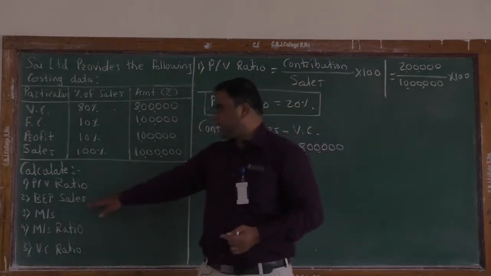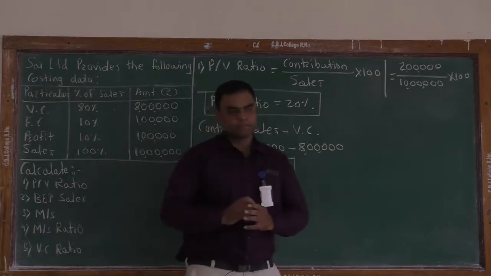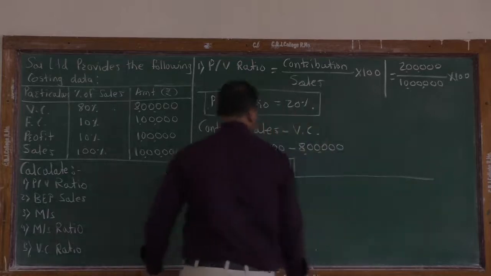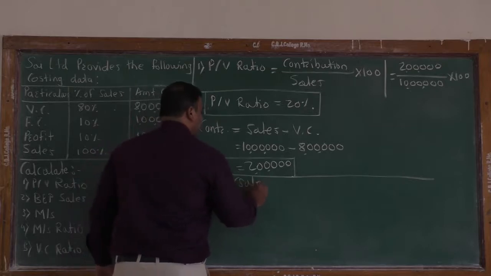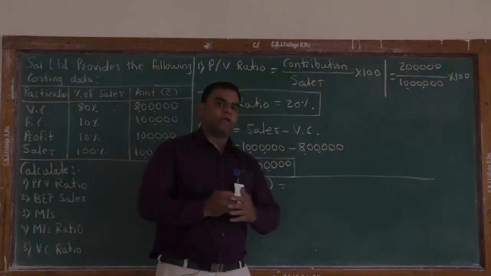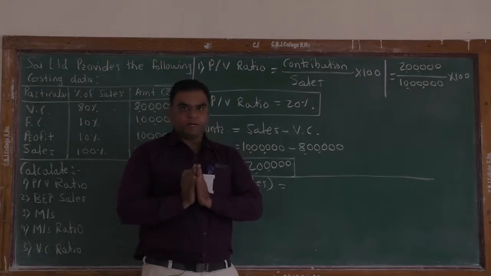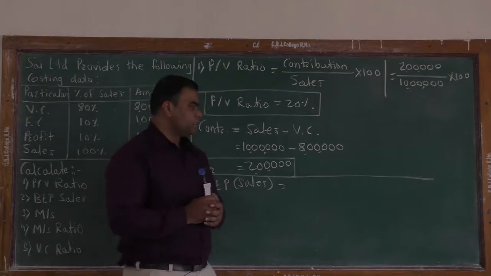Now we are going to calculate the second item, that is BEP sales. How to calculate BEP sales, or what is meant by BEP sales? It is the sales when the total cost and total sales are exactly the same, and when the amount of contribution becomes exactly equal to the amount of total fixed cost.